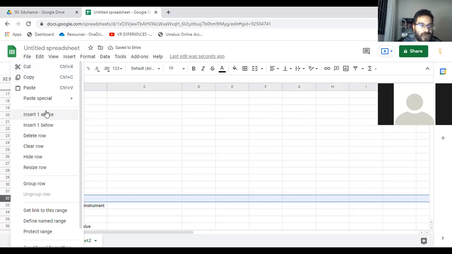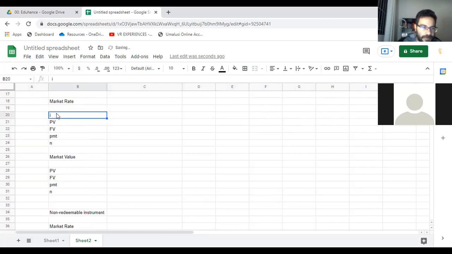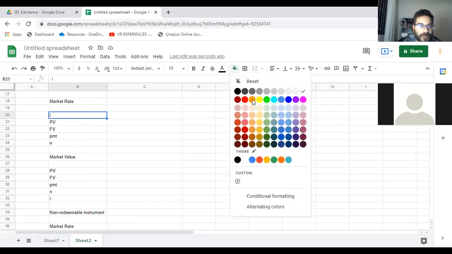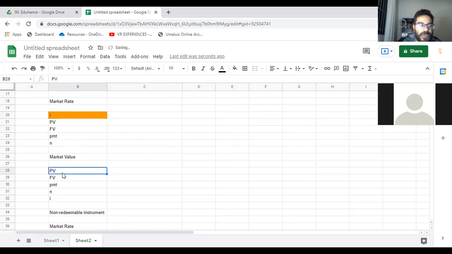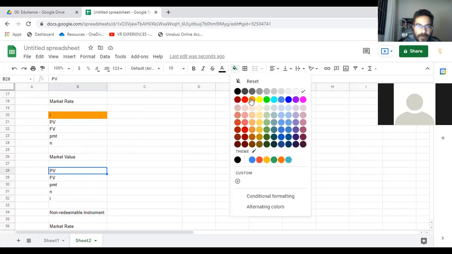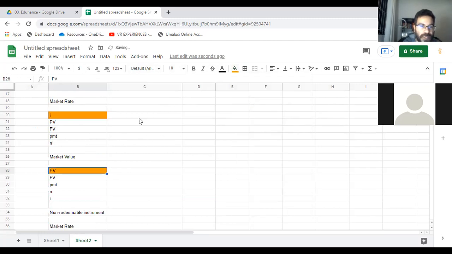So that's why I leave that on top. That means we need the other items. For market rate, the unknown is I. For market value, the unknown is PV.